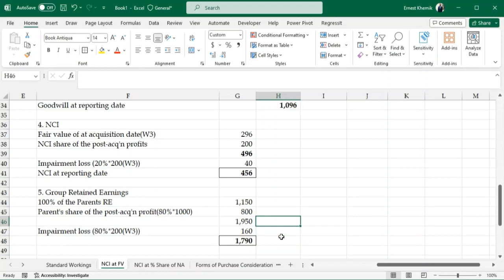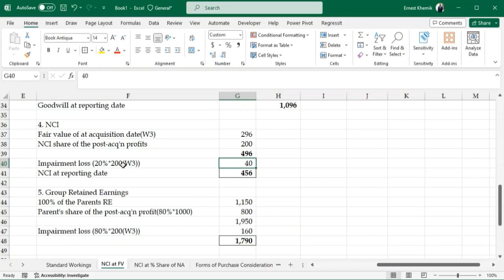Now, let me explain why we allocated the impairment loss between the two figures. The reason is that the NCI is being measured at its full value.